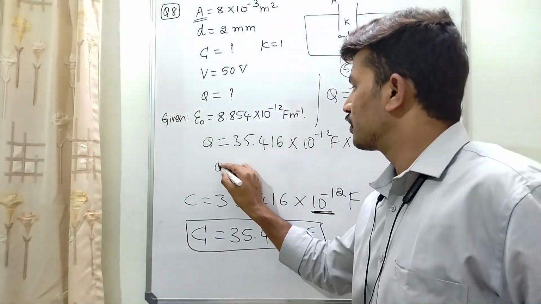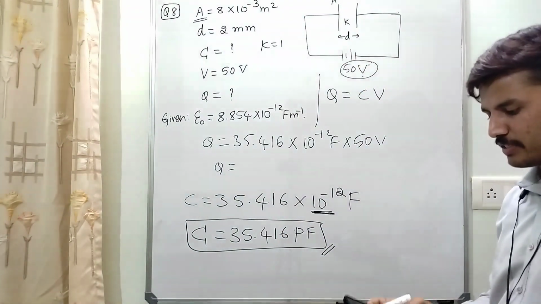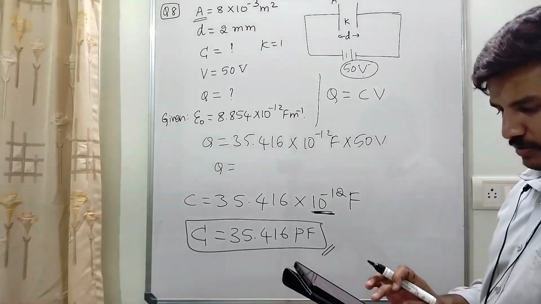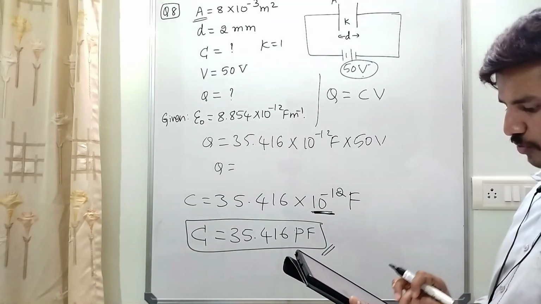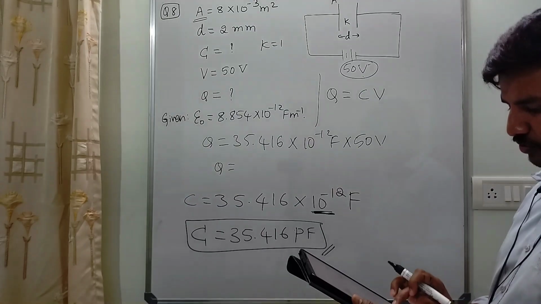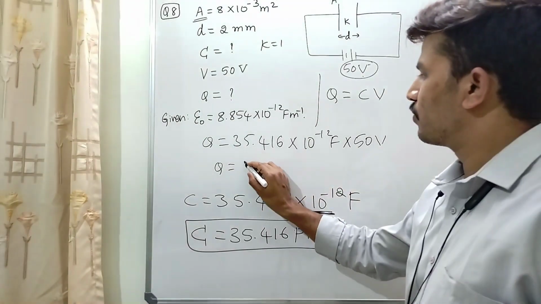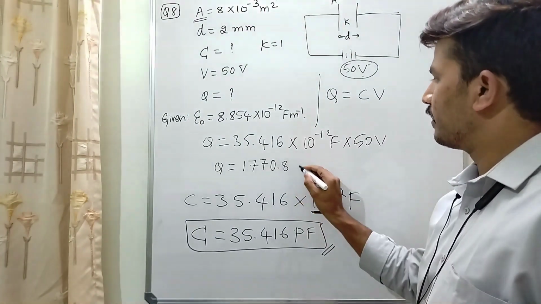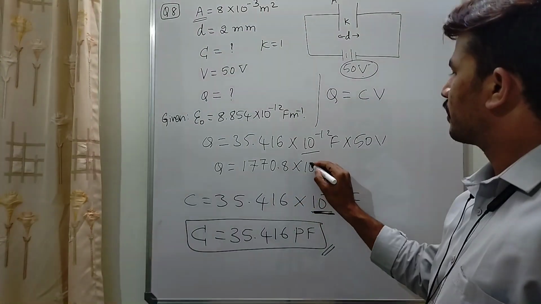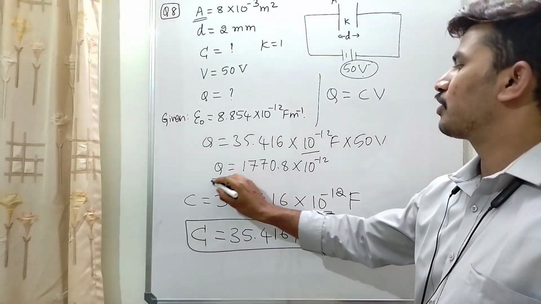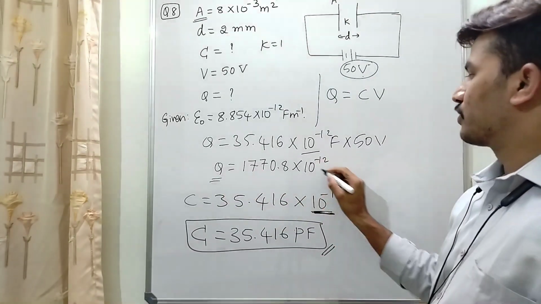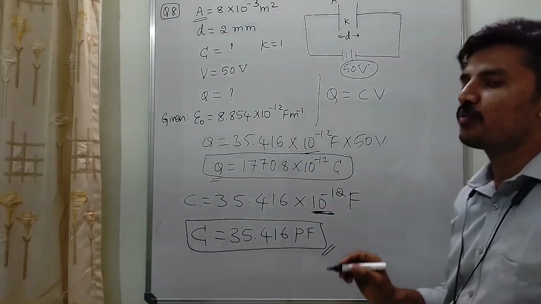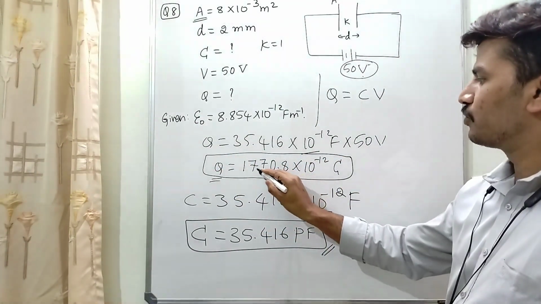So you just multiply this, and you will get 35.416 into 50, that is 1770.8 into 10 to the power minus 12. What is the SI unit of charge? That is coulomb. So that is picocoulomb, or if we convert that into nanocoulomb, 1, 2, 3.